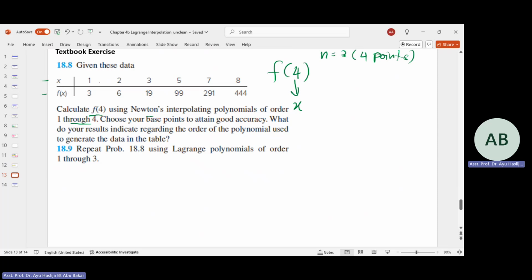So cubic, n equals what? Cubic is n equals 3. Sometimes the question just asks you for a linear function. Linear means n equals 1. Quadratic is 2. Sometimes the question doesn't give you straight away the order or the x. You need to find it. So that's all for interpolation, Newton and Lagrange.